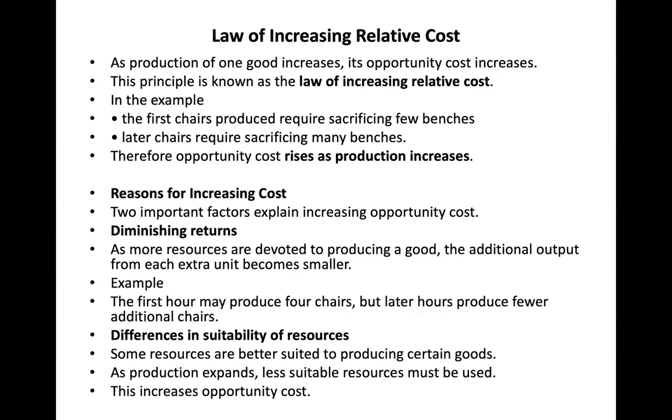What are some of the reasons why opportunity cost rises as production increases? We have two major reasons. The first reason is diminishing returns. We are saying that as more resources are devoted to producing a good, the additional output from each extra unit becomes smaller.